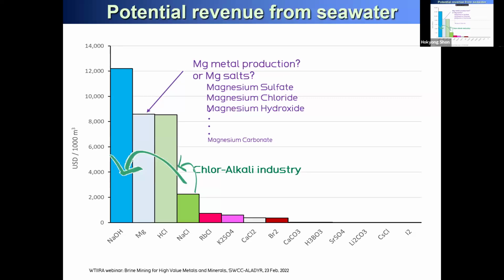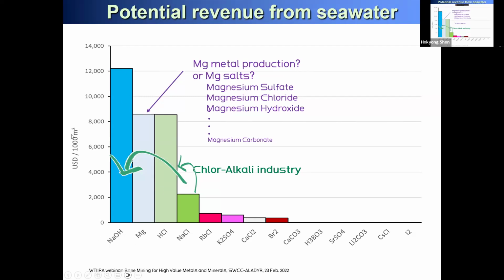So look at what could be the best compound we can extract from the seawater: relatively large volume, relatively higher price. So you can see sodium hydroxide.